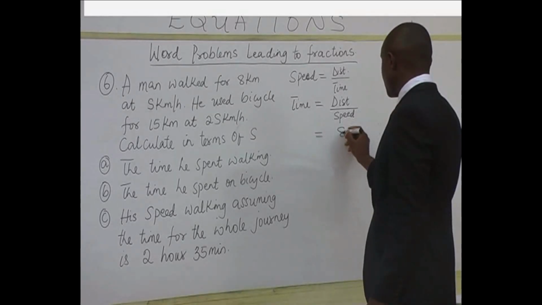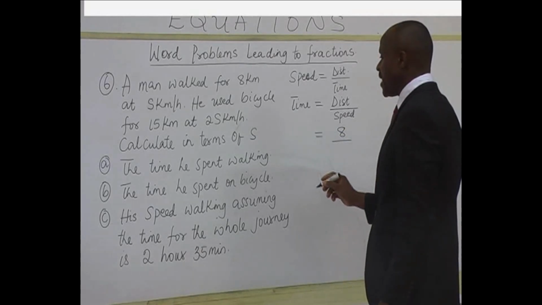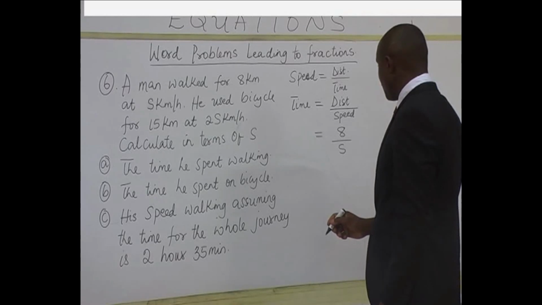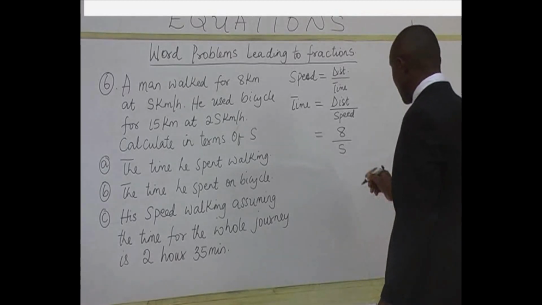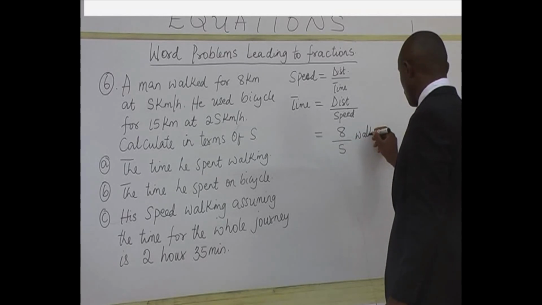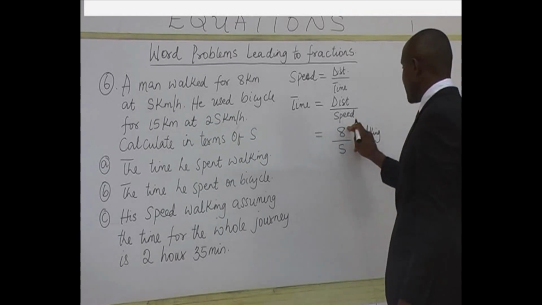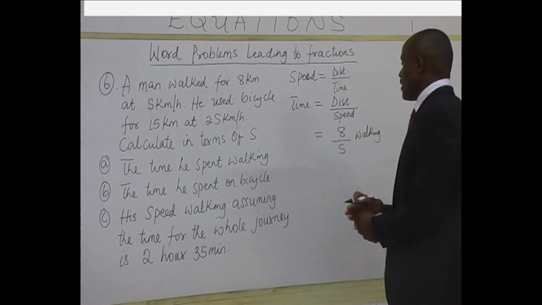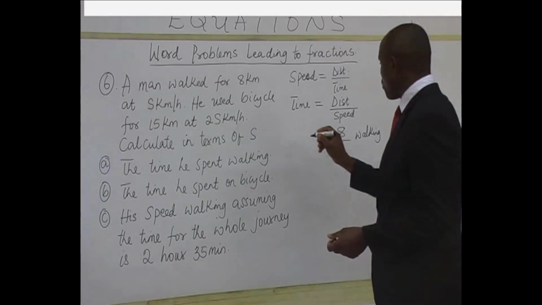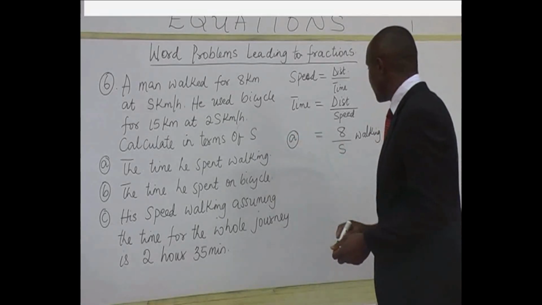That means we have 8 all over the speed s. That means the time spent walking is 8 all over s hours. That is question number A answered.